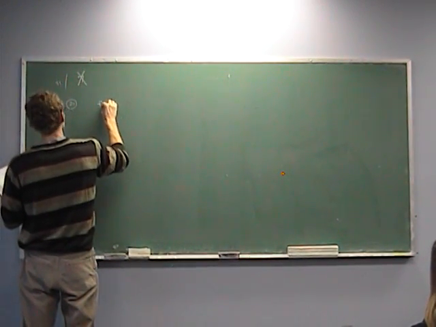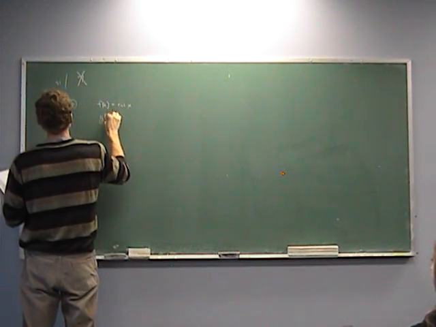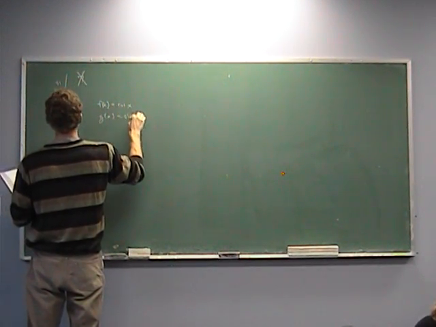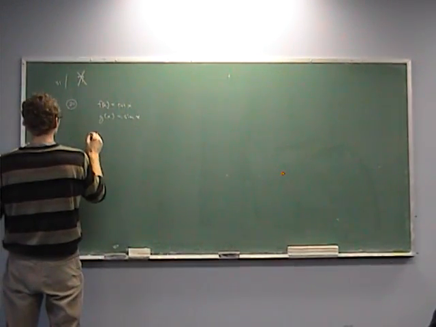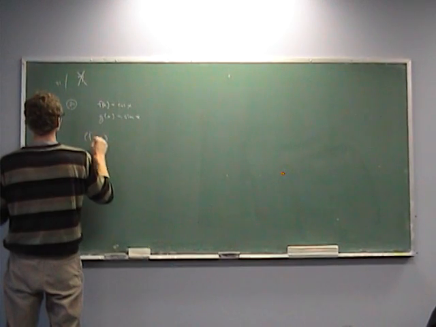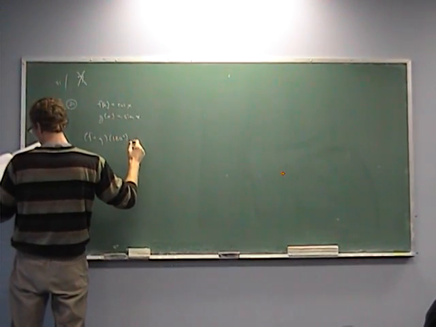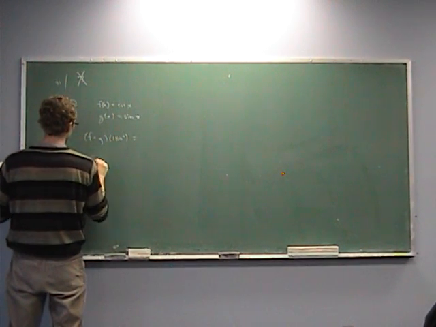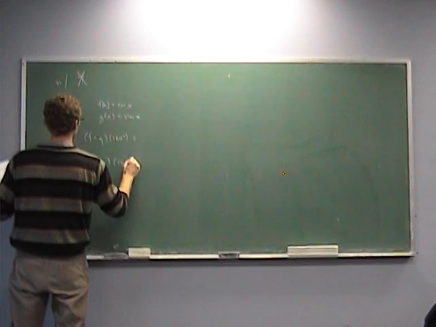So let f of x equal cosine x, and let g of x equal sine x. So we're supposed to do f plus g of 180 degrees. Then we're going to do f minus g of 180 degrees.